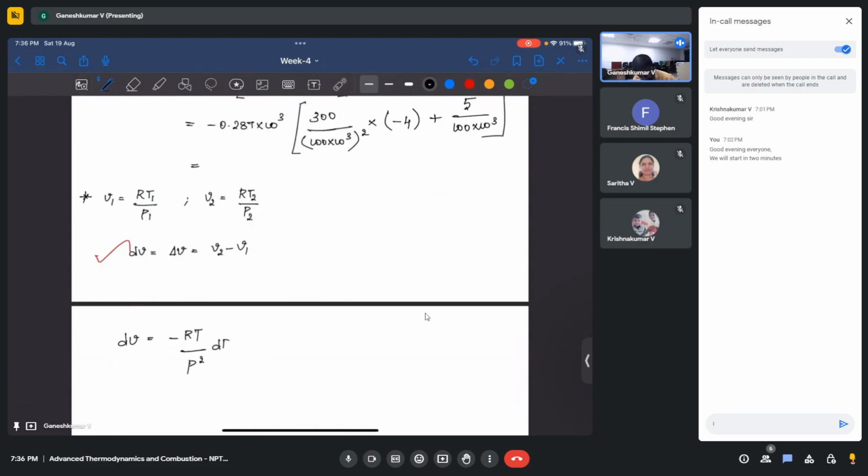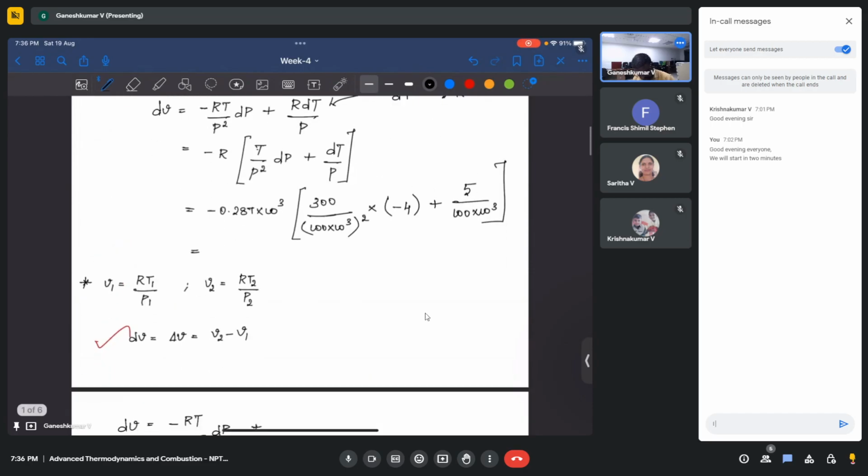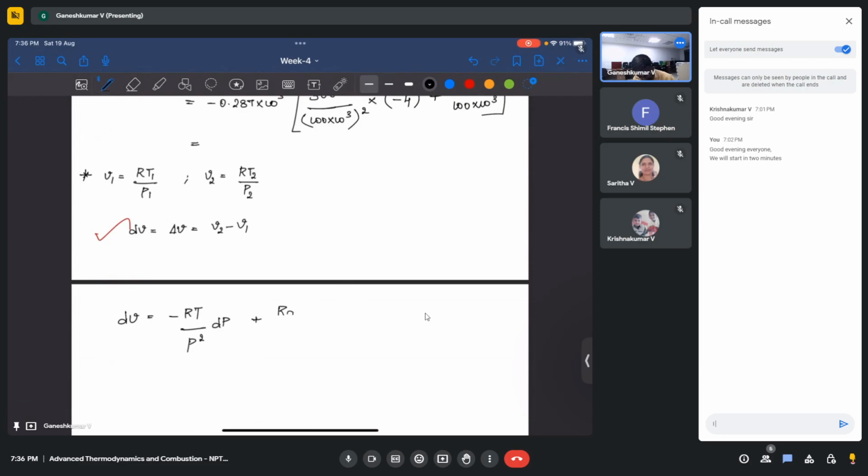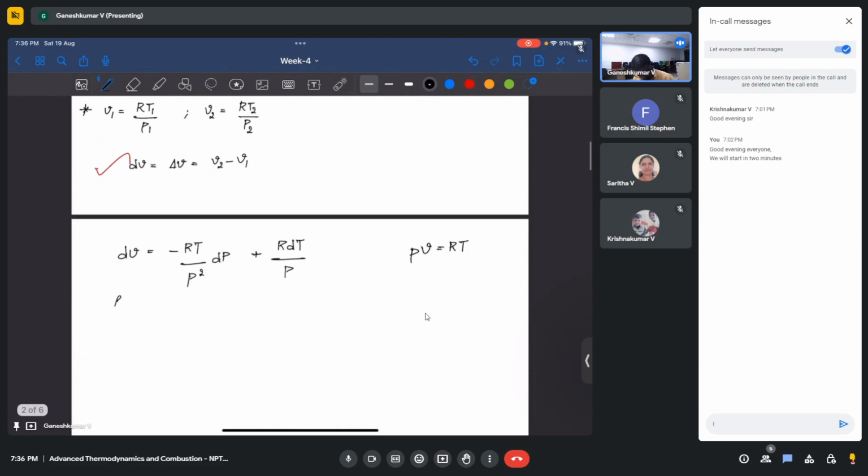The reason is these are subtle differences which often confuse us. We also know PV is equal to RT. So what if we integrate it?